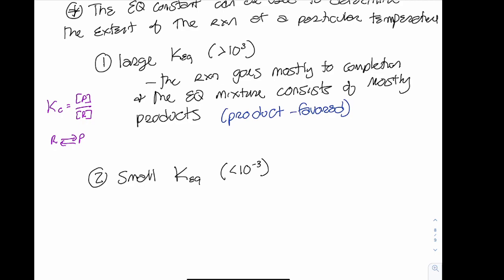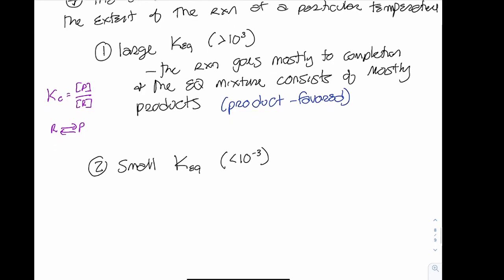So if my equilibrium constant has a value that's less than 10 to the negative third, we're going to consider it small. Our reaction is going to be mostly reactants. My number on the bottom needs to get bigger. So the reaction does not, I'm going to say, occur to a significant degree.